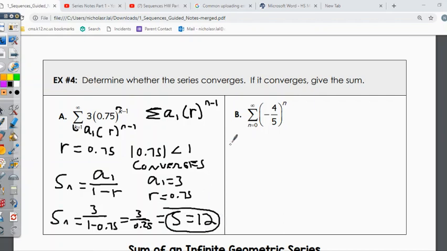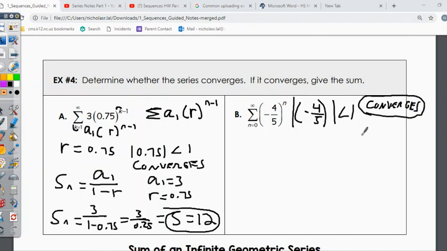All right, let's look at B. All right, here, it's going to converge because negative 4/5 is less than 1. The absolute value of negative 4/5 is less than 1, so it converges. And remember, this is for a geometric series. All right.